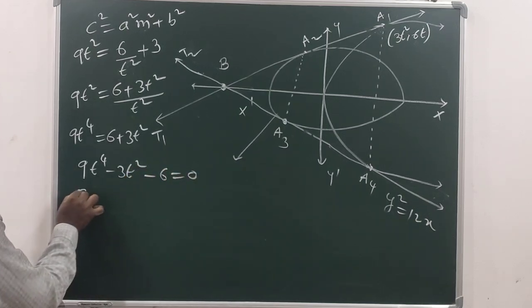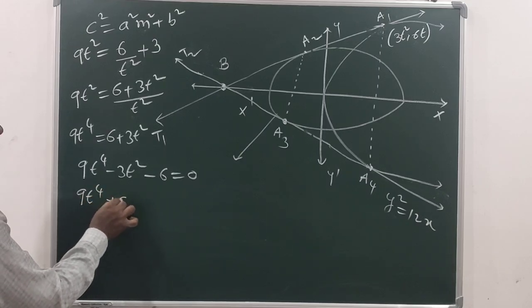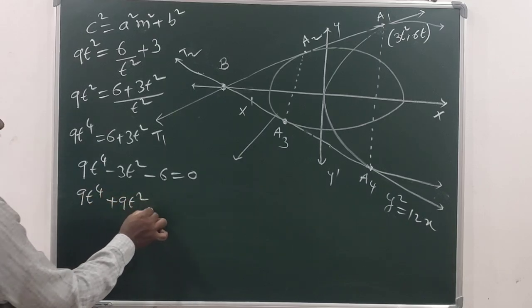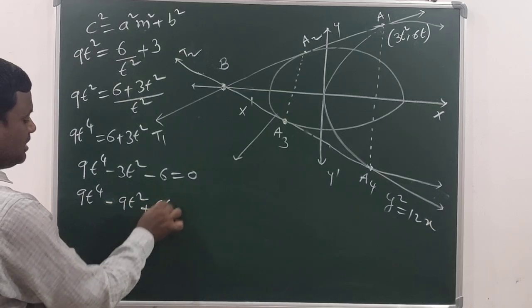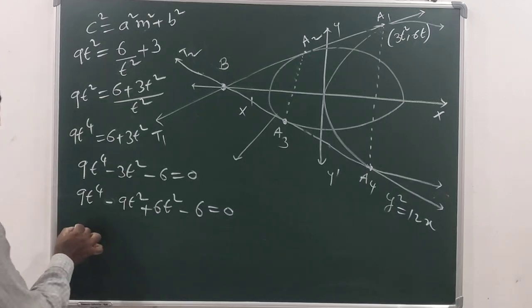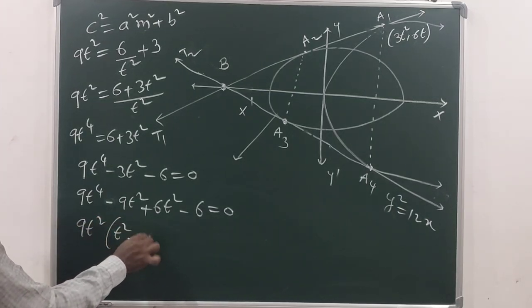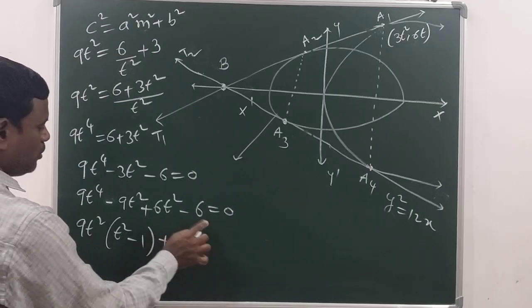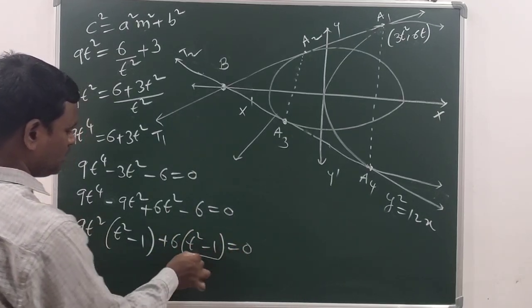Now factorize it. 9t power 4 plus 9t square minus 9t square plus 6t square minus 6 is equal to 0. From these two take 9t square common, t square minus 1. From these two take 6 common, t square minus 1 is equal to 0.